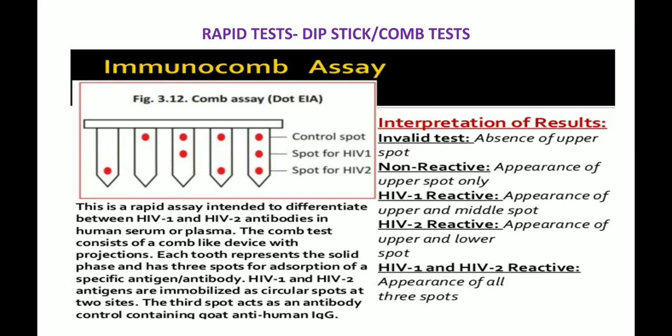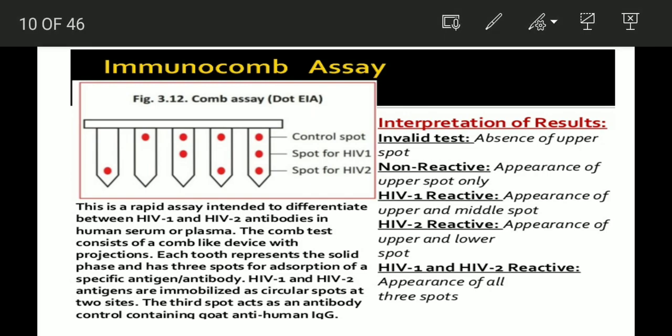Each tooth of the projection represents a solid phase and has three spots where the specific antigen or antibody is adsorbed. Both HIV-1 and HIV-2 are immobilized as circular spots at two sites, and the third spot acts as an antibody control containing goat anti-human immunoglobulin.